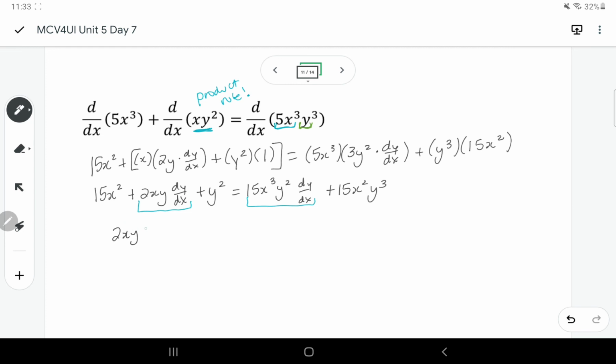So I have 2xy dy dx minus 15x cubed y squared dy dx equals 15x squared y cubed minus 15x squared minus y squared. And then common factoring out the dy dx on the left.